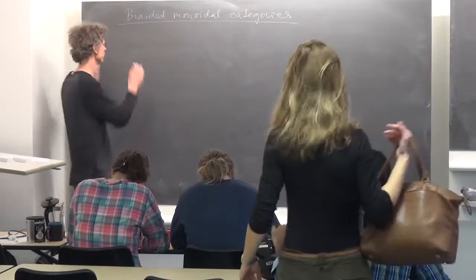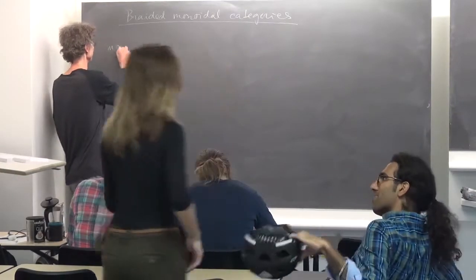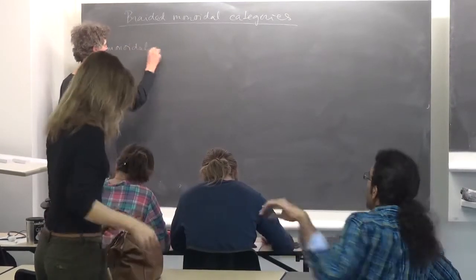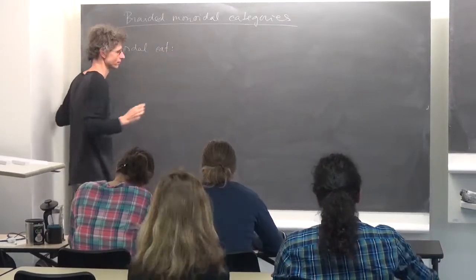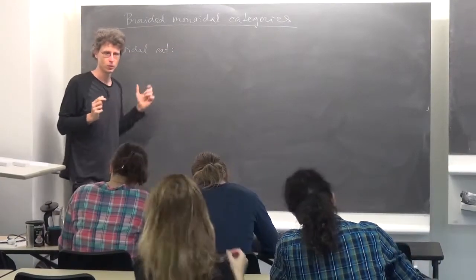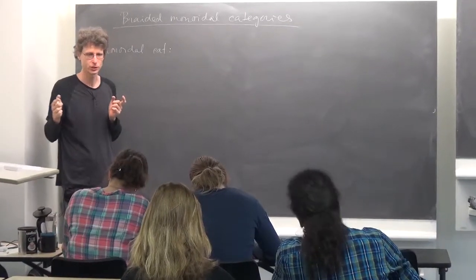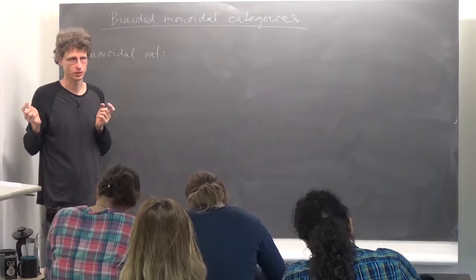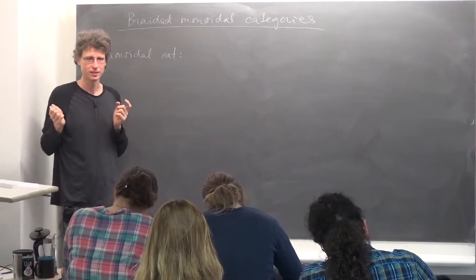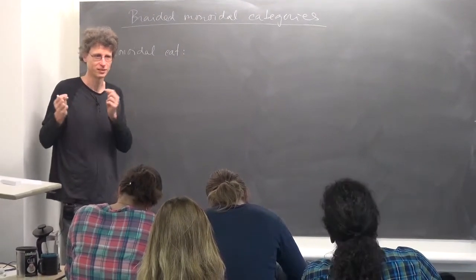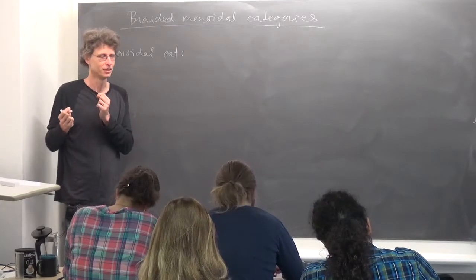Let me start slowly with what might be a monoidal category. The idea is that we want to have a category with some associative multiplication, such as, for example, if you take the category of sets, then we can take the product of two sets, a Cartesian product, and it's actually a functor.